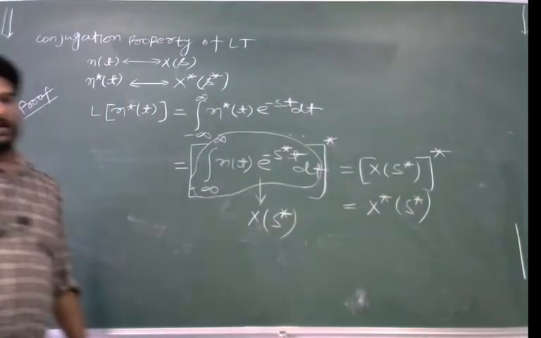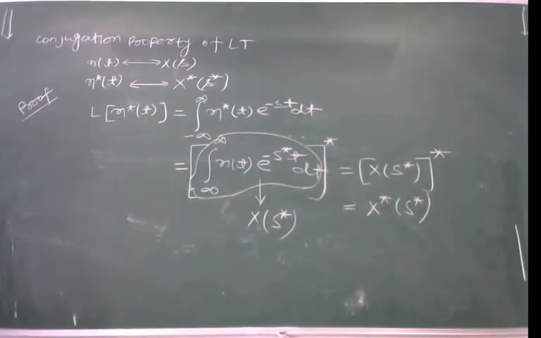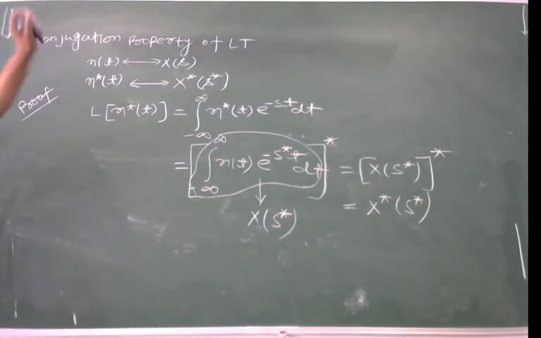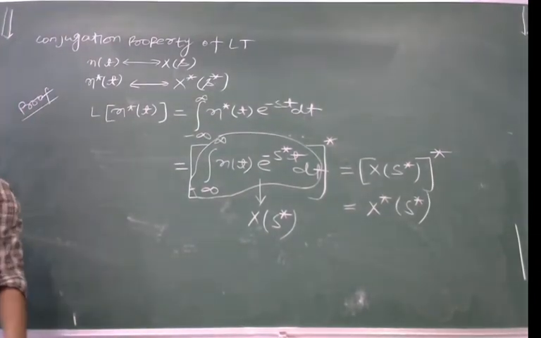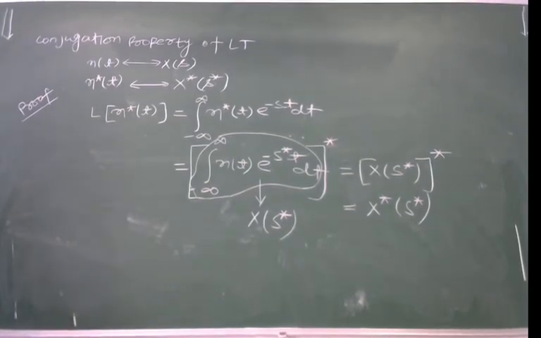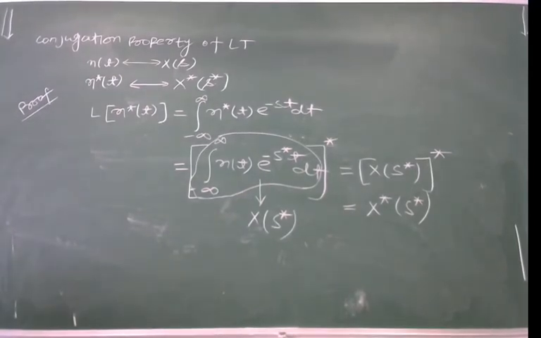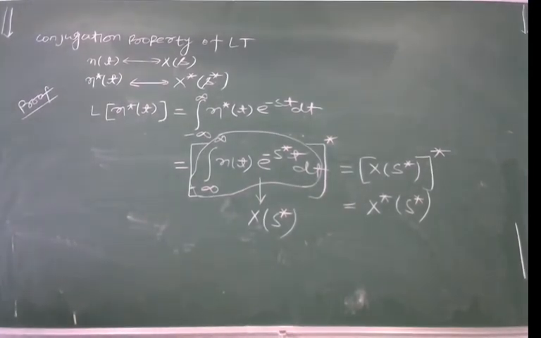So this is the conjugation property of the Laplace transform, which states that if X(s) is the Laplace transform of x(t), then the Laplace transform of conjugate of x(t) will be equal to X conjugate of s conjugate.